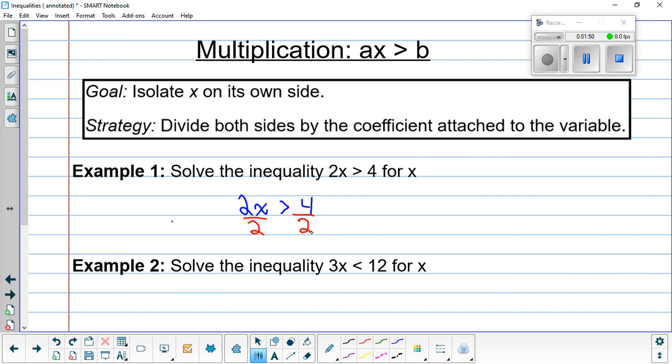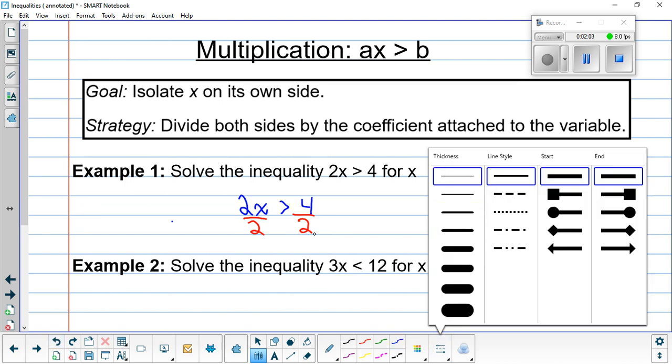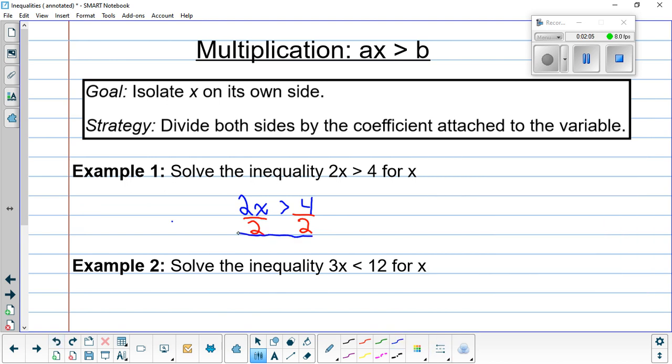Notice how I'm doing the exact same, working downwards. I could write an equal sign right below, like I've been doing, just to keep the same convention. When we get to harder problems, we're still working downwards. So what does that do? 2x over 2 just leaves us with x, and we're greater than 4 divided by 2, which is 2.